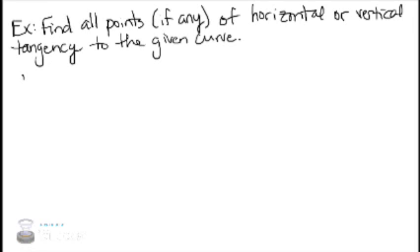So part A, we're going to look at the parametric equations x equals 4 minus t and y equals t squared.